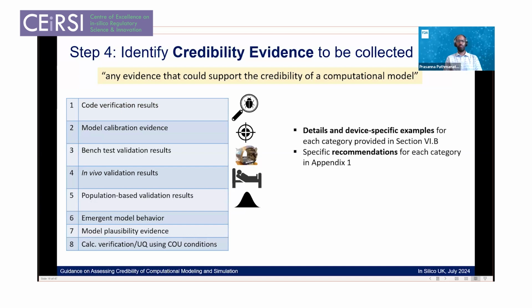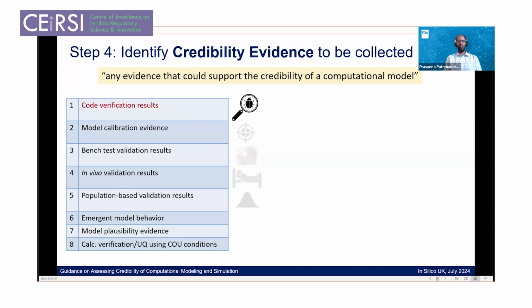It's 8 categories that we feel like we might see a lot in regulatory submissions, but we're not claiming that this will cover everything. It's really a communication tool, but users can define their own categories if they want. And we provide some examples of each of these categories and some specific recommendations for each in the guidance. I'll go through some of the cases.